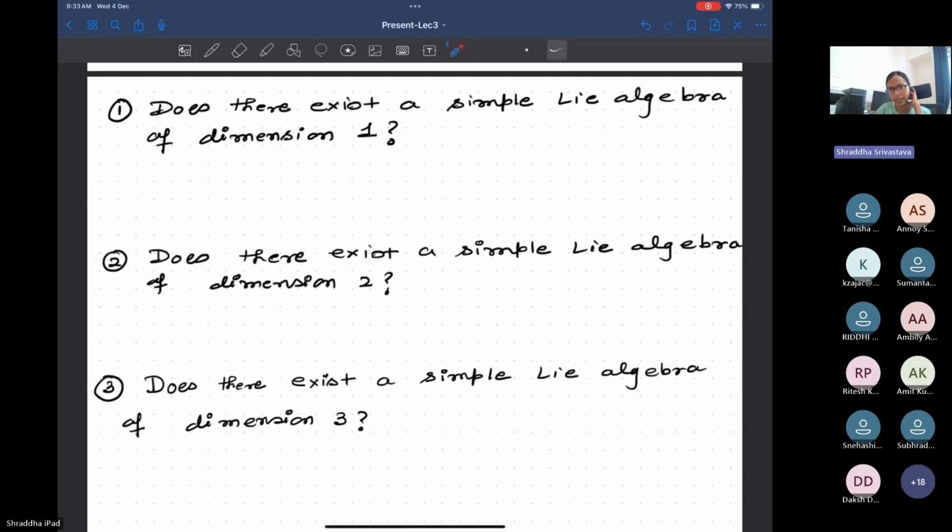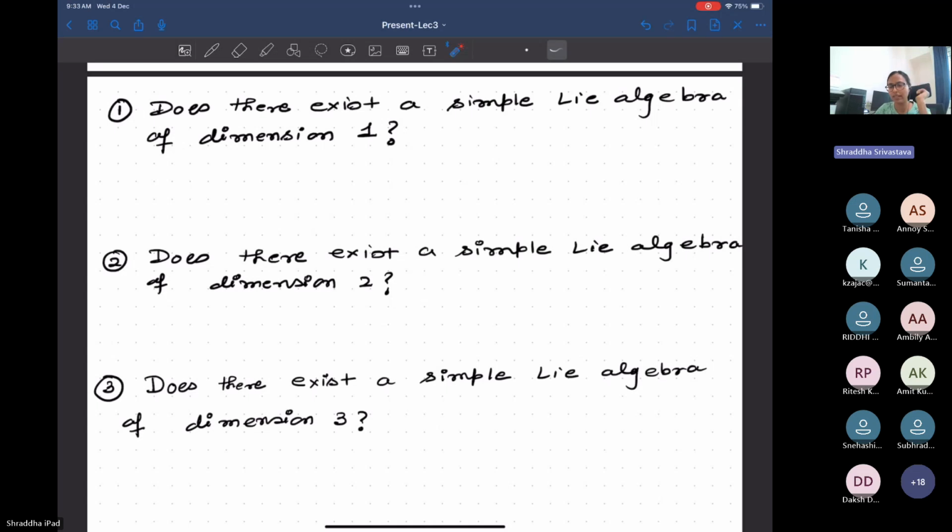Would someone who has not seen Lie algebra before like to answer? Of course, if you have seen it, you know the answer. But if you have not, you can try to think and say some words about it. Of course, there are one-dimensional Lie algebras.